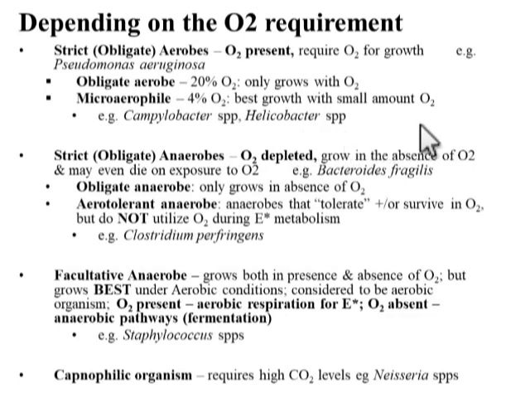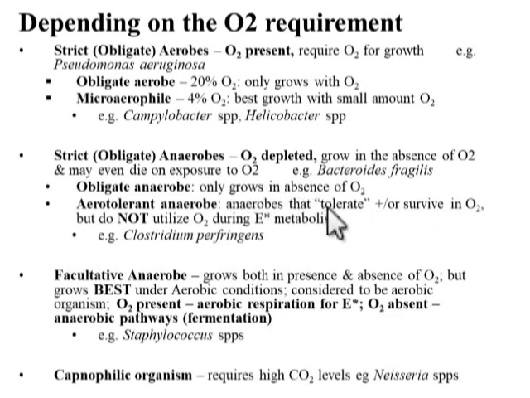But when these cells are intolerant to the presence of oxygen, then you have anaerobes. These are obligate anaerobes, strict or obligate anaerobes. They need to grow only when there is no oxygen in this medium. In this category, you have two subcategories.